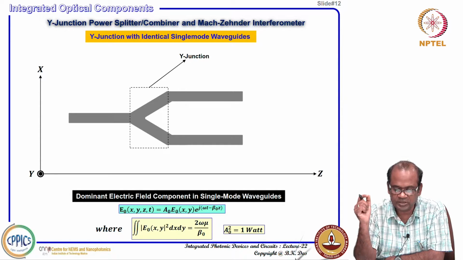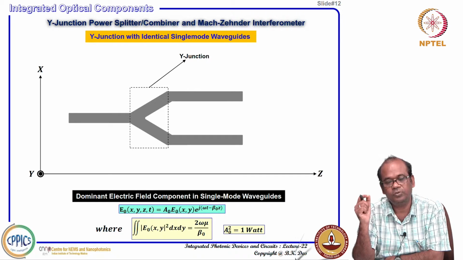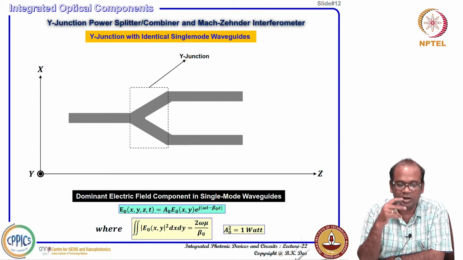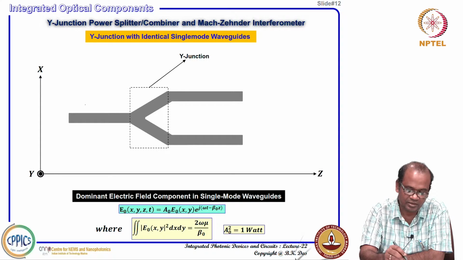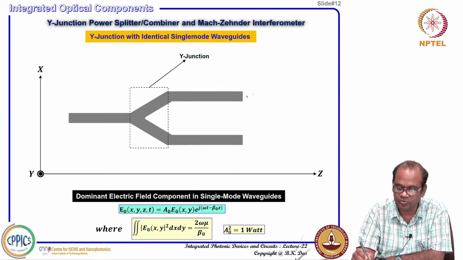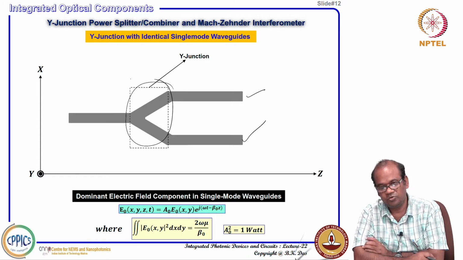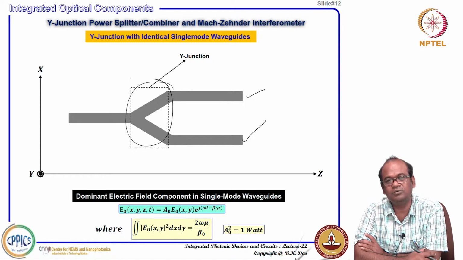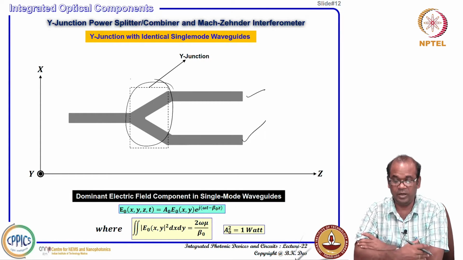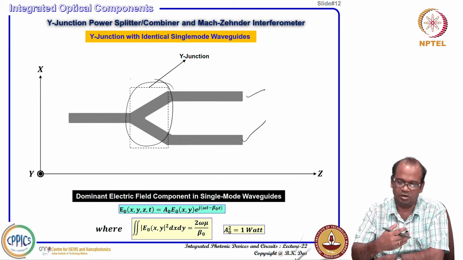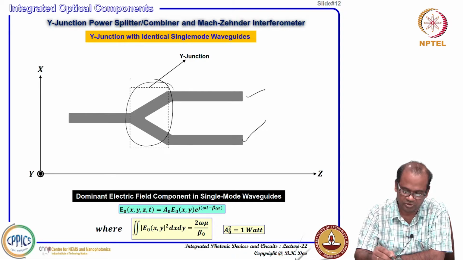Now, we will be discussing the Y-junction. A Y-junction means you have one input waveguide and it is split into 2 output waveguides through a Y-junction type structure like this. It was very popular long ago when waveguide cross sections were a little bit higher, with lithium niobate and polymer waveguides, where people used to design 1:2 power splitters in this form.